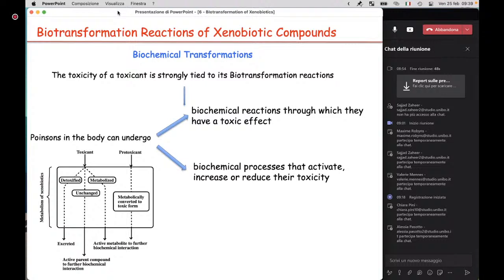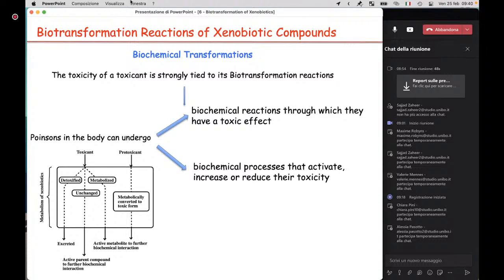Okay, so let's take a look in more depth at the biotransformation reactions that happen in the body. This topic is quite important because we will see in the following that toxicity of compounds can change in a very heavy way according to the biotransformations it undergoes in the body.